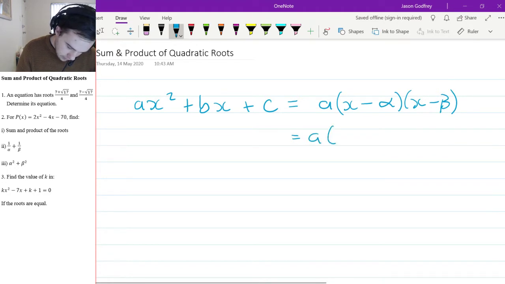So if we look here and use FOIL, we've got x times x is x squared, minus alpha times x, minus beta times x, and then negative times negative is plus alpha beta.